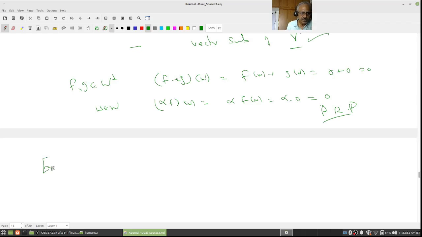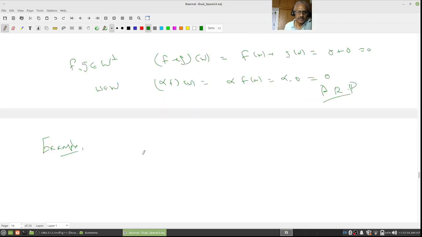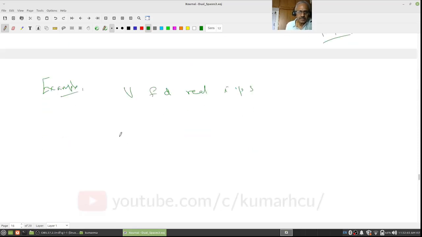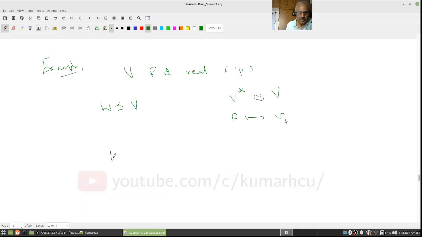So let us look at an example. Suppose V is a finite-dimensional real inner product space. Then suppose W is a vector subspace of V. But I know V star is V, that is, any f goes to the unique v_f. Therefore, what does that mean? What is W perp?